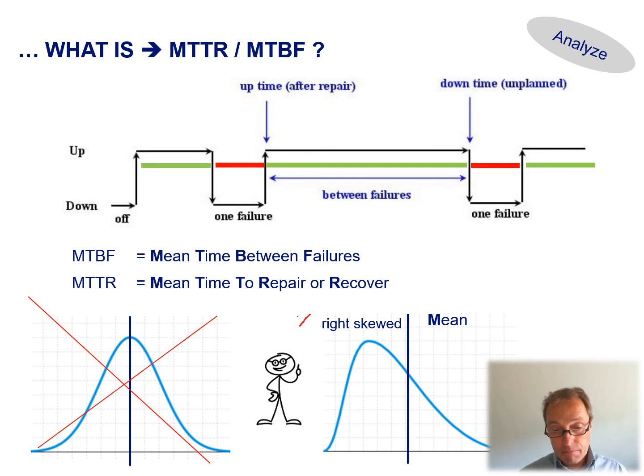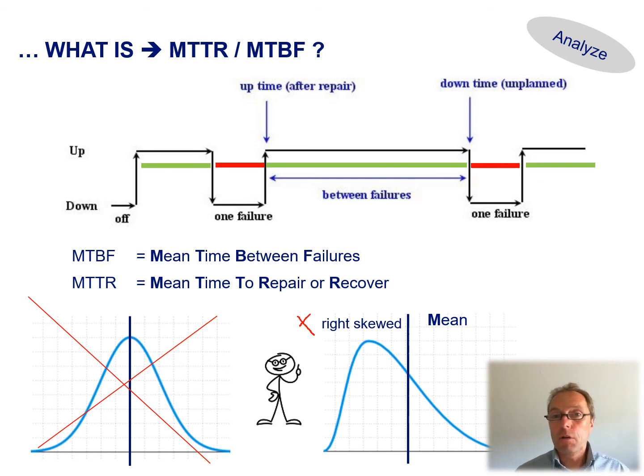They are skewed, right or left. In most cases it's a right skewed curve, and this comes from the fact that, let's assume we have a small machine, a cap unscrambler, and we want to know the mean time to repair or recover.